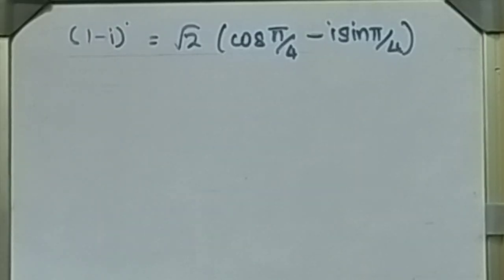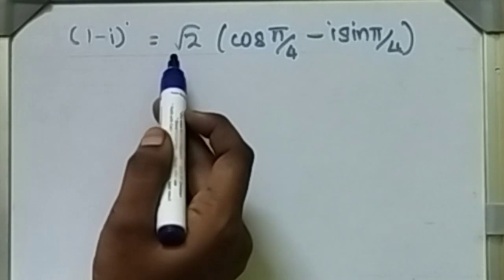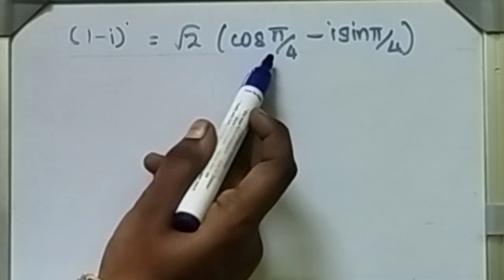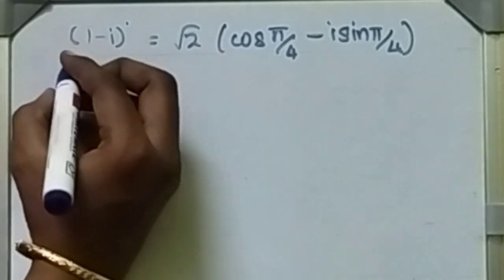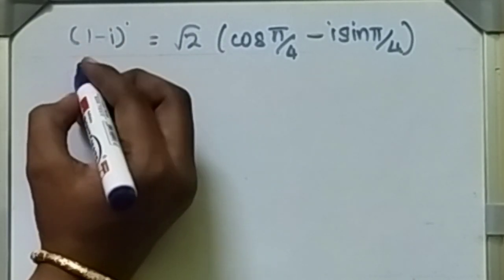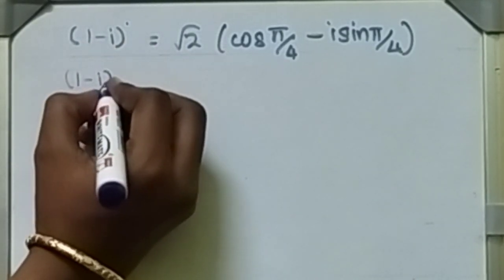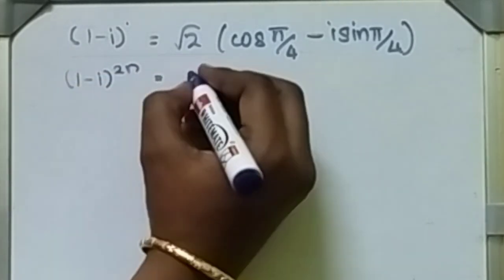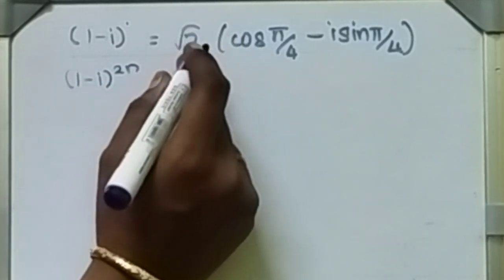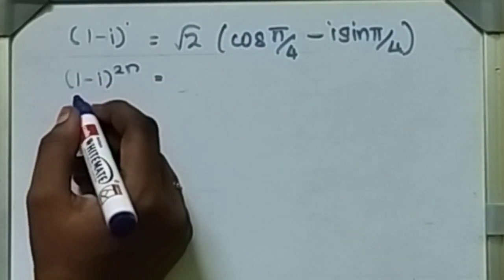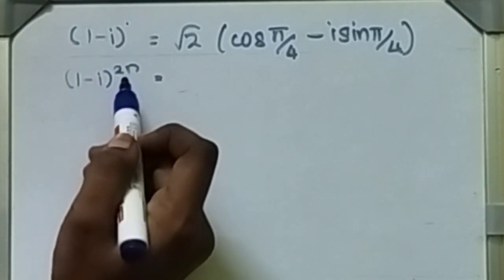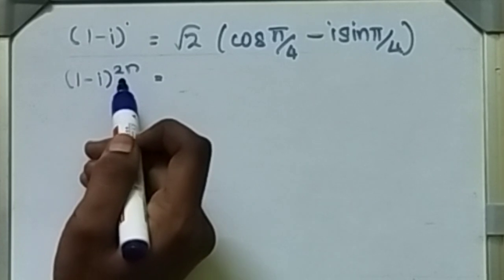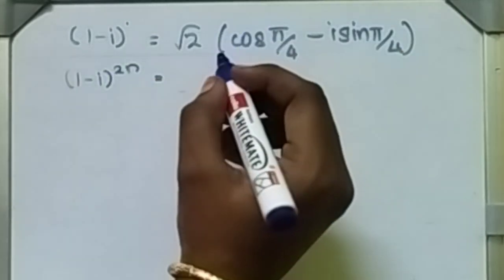So from equation 2, we know 1 minus i equals root 2 (cos pi by 4 minus i sin pi by 4). What we have to find is (1 minus i) power 2n, right? So we raised 1 minus i to the power of 2n, and I am doing this to the right side also.